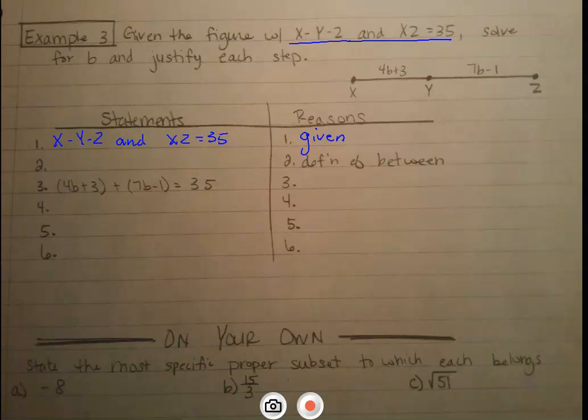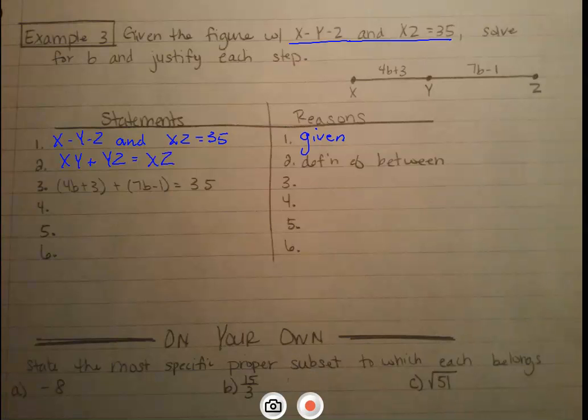Next, because again, we're filling in the blank a little bit, reason 2 says definition of between. You may have to flip back into your notes to find the definition of between to help you out. The definition of between is that xy plus yz equals xz in this case.